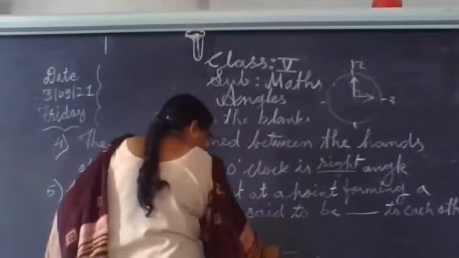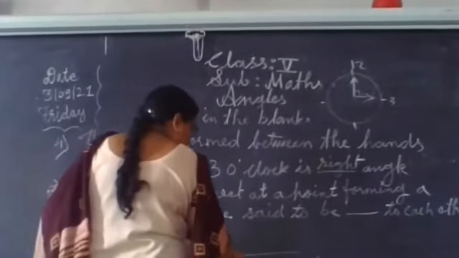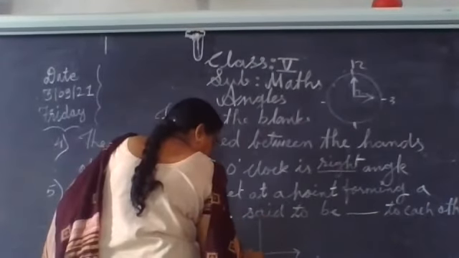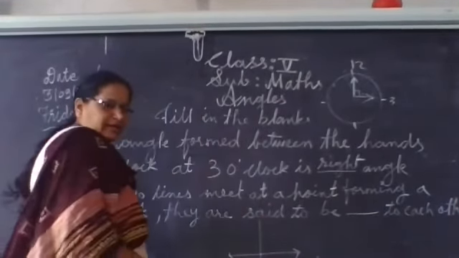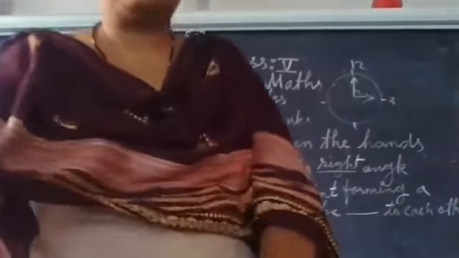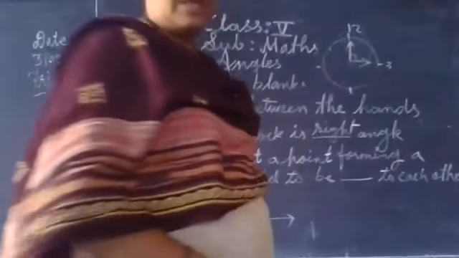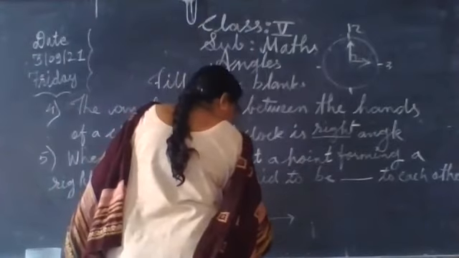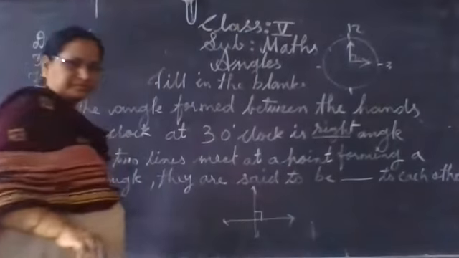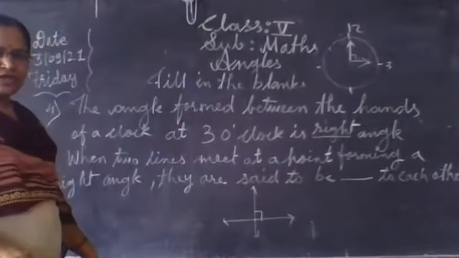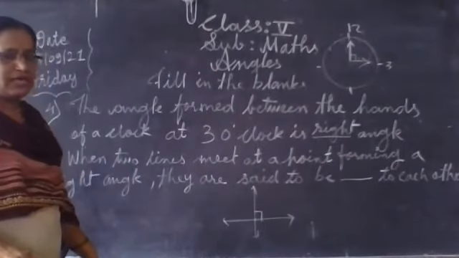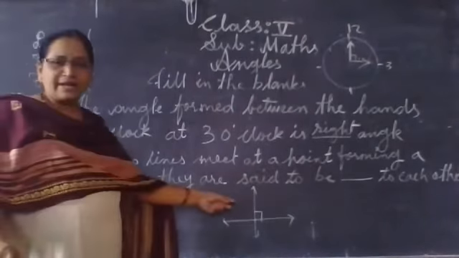Fifth one, when two lines meet at a point forming a right angle. Suppose it is a line, one line, and another line which makes this point, and here is the formation of 90 degree. So they are said to be parallel or perpendicular? Yes, they meet at 90 degree.